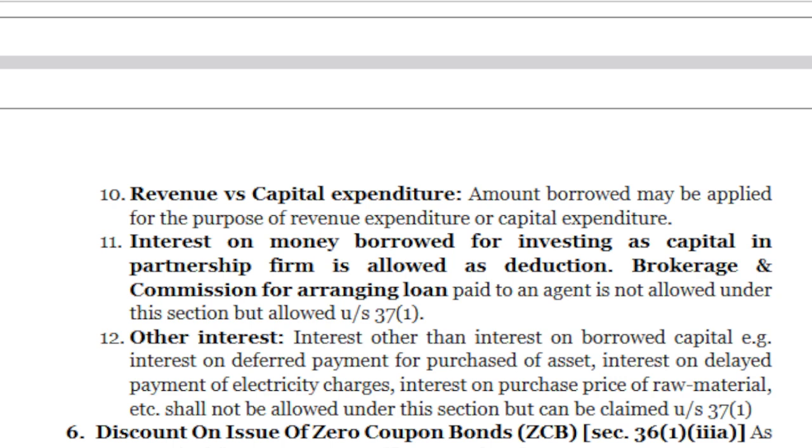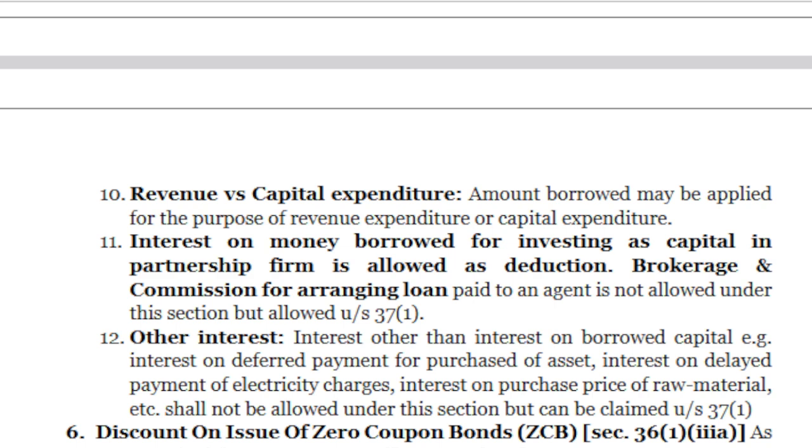Whatever interest he is paying on the loan is allowed as deduction for the partner when he is filing the returns, right? So interest on money borrowed for investing as capital in a partnership firm is allowed as deduction. But please remember that it is allowed as deduction to the partner because he is paying the interest.